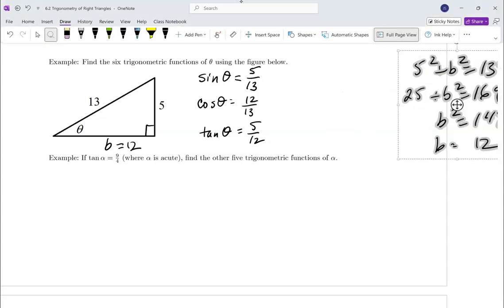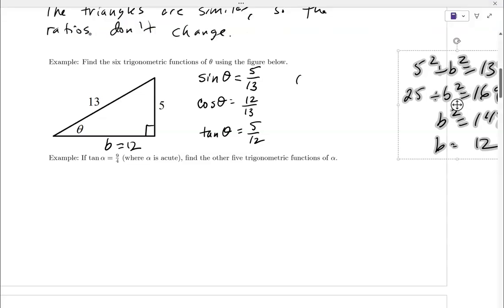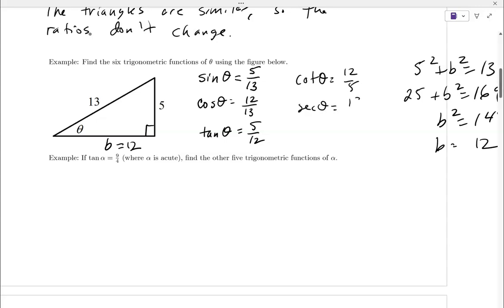Cotangent of theta will be 12 over 5. Secant of theta will be 13 over 12. And cosecant will be 13 over 5. Good.